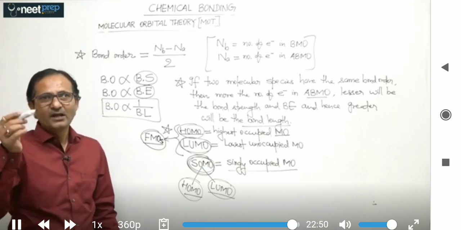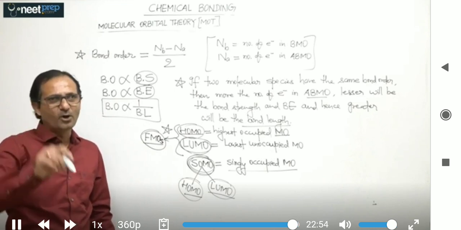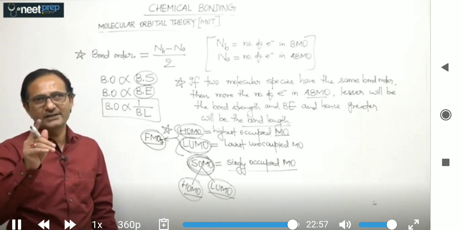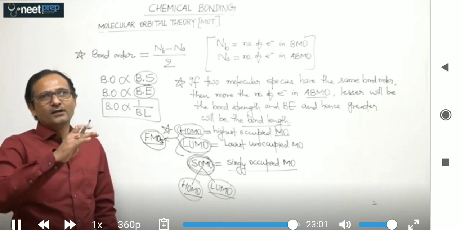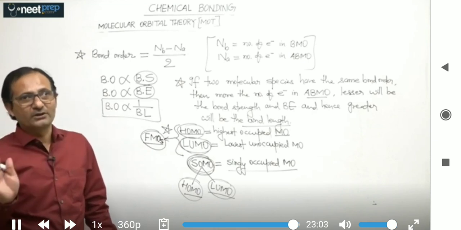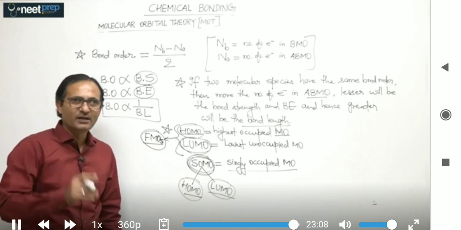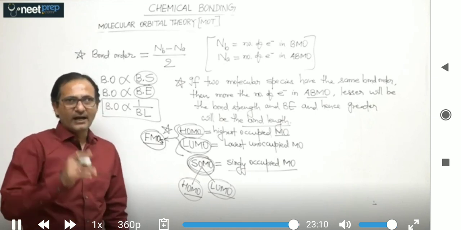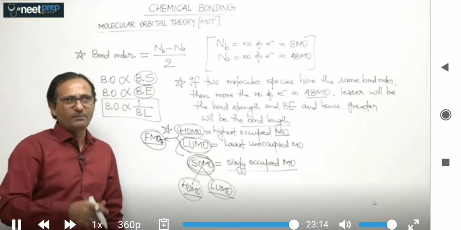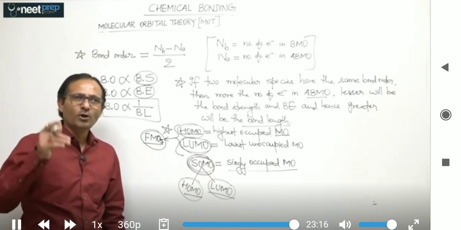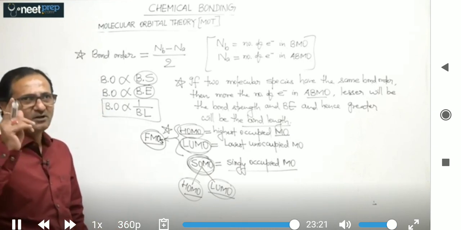And similarly, if bond order is negative also, then such a molecule will not exist. But if bond order is greater than 0, that is positive, then such a molecular species will exist. And higher the bond order, more the bond energy, more the bond strength, and so more the thermodynamic stability of that molecule.